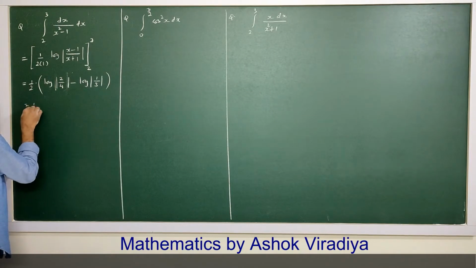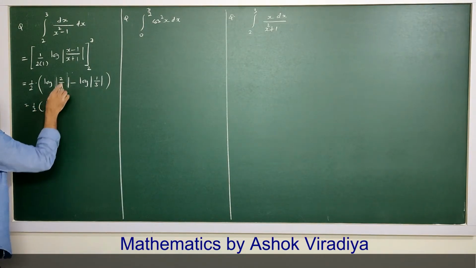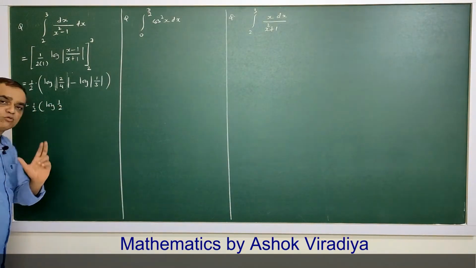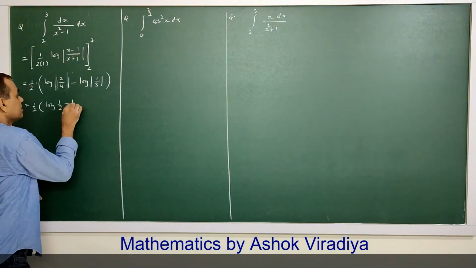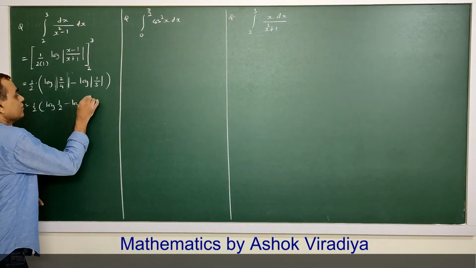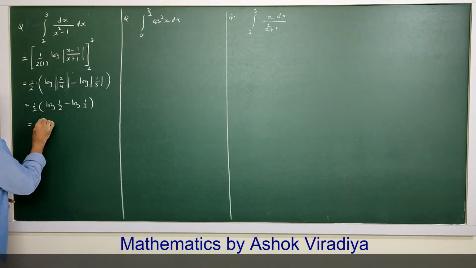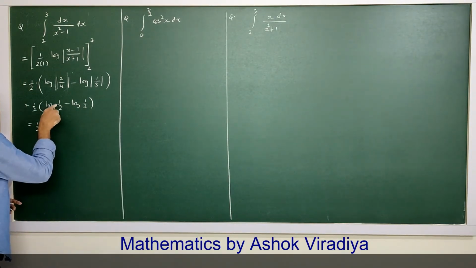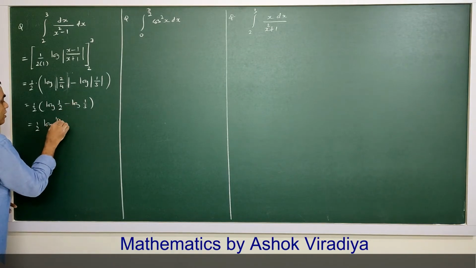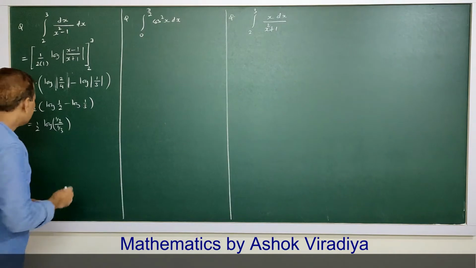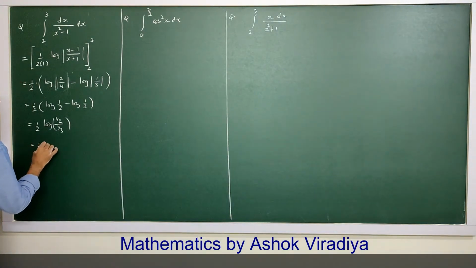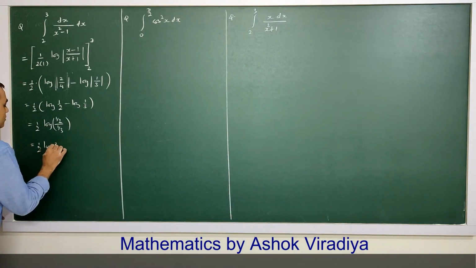So it is 1 by 2 times. This is log of 1 by 2. Now we remove the modulus. Minus log of 1 by 3. So it is equal to 1 by 2 times log, since log A minus log B is log of A by B. This is 1 by 2 times log of 3 by 2.